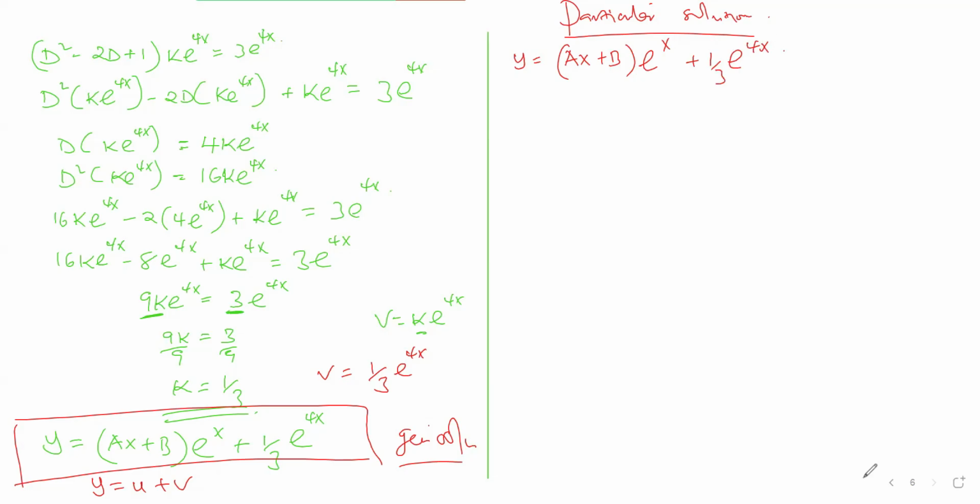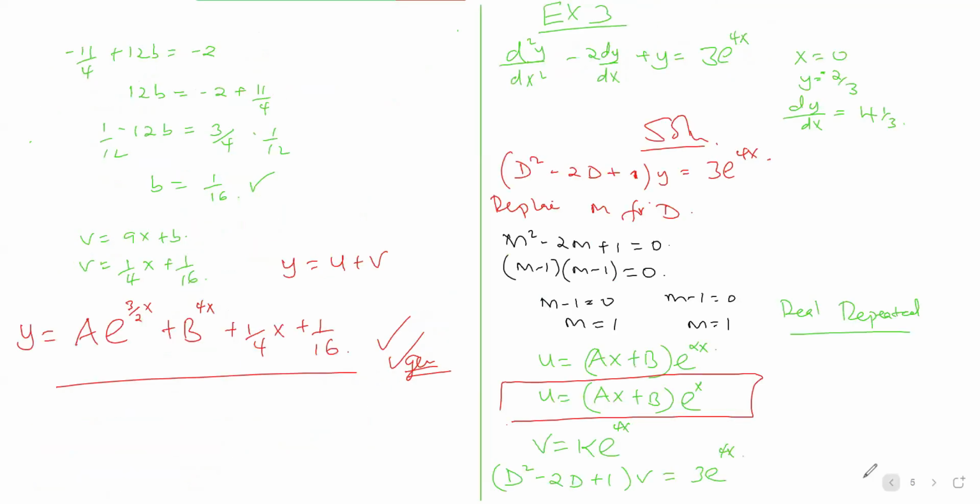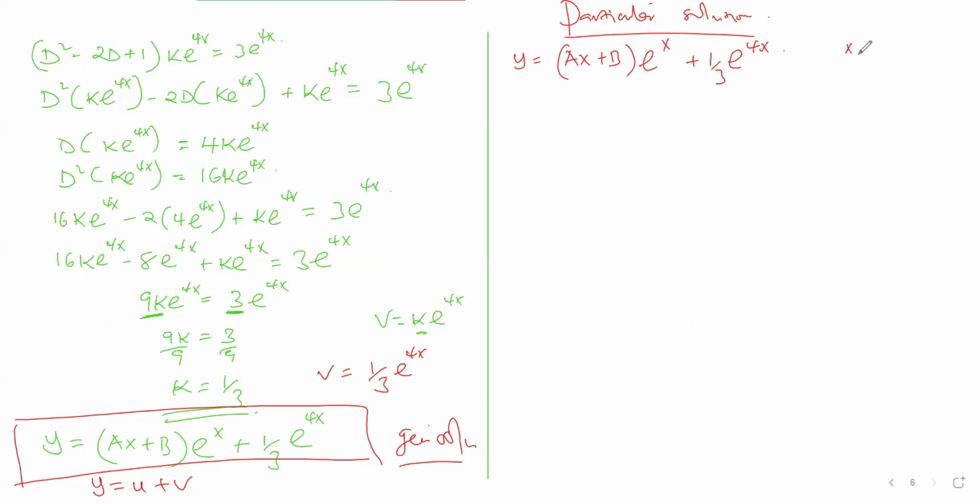So what was our limit? 0, negative 2 over 3. So when x is 0, y equals negative 2 over 3, and dy dx equals 4 and 1 over 3. So we just input our limits and see what we have as our outcome.